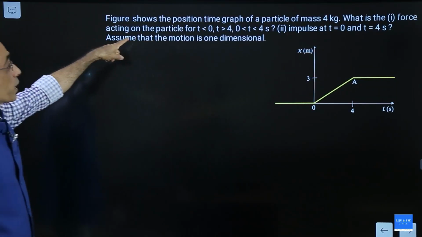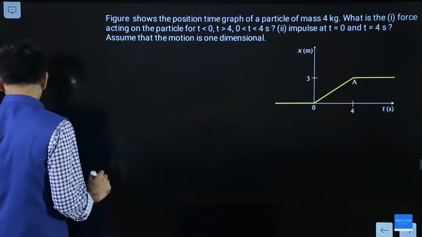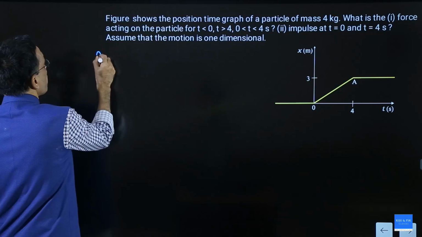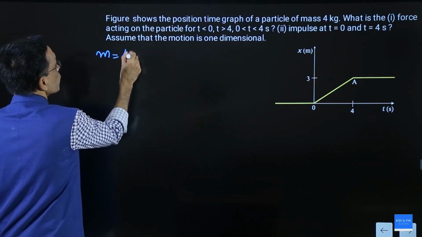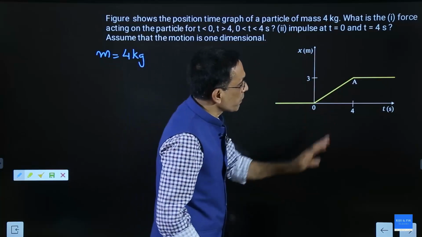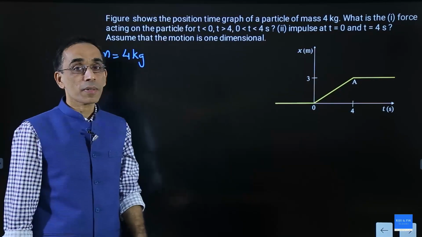NCERT. Okay. The figure shows the position-time graph of a particle of mass 4 kg. The first data that you get from the question is that its mass is equal to 4 kg. And there is a position-time graph given. Position-time graph you studied, right? What is the slope of the position-time graph?